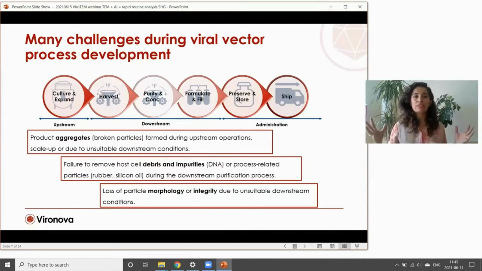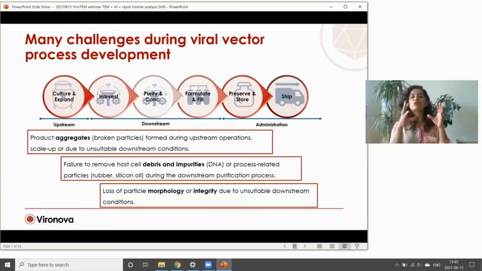It's a fairly long process with many steps and stages, going all the way from upstream, where you're growing your cells or expressing your viral vectors, then you harvest, you purify your particles, you formulate and fill, you preserve and store, and then it goes to shipment. So there's a whole trail in the process development.